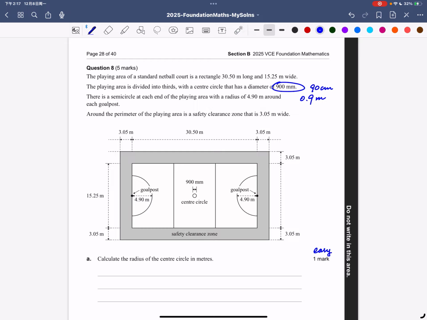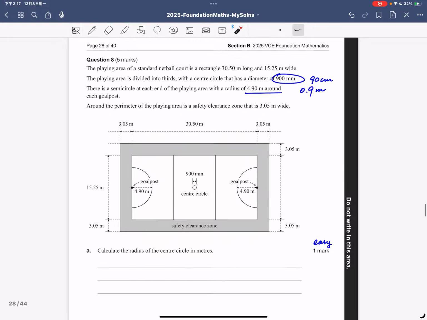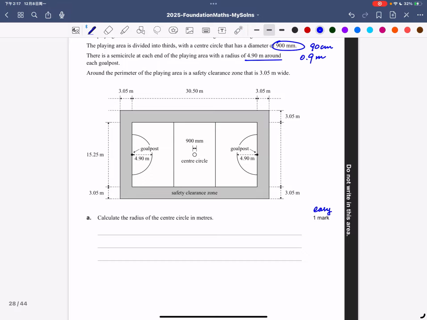There is a semicircle at each end of the playing area with a radius of 4.9. So you have a semicircle here, and a full smaller circle here. The radius of the center circle in meters is 0.9 meters divided by 2. So you get 0.45 meters, okay?